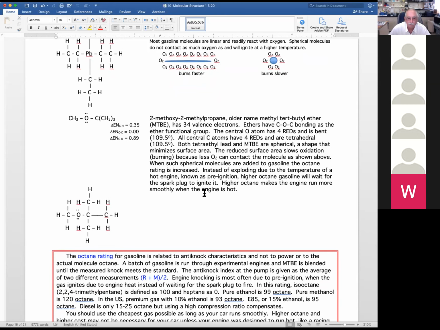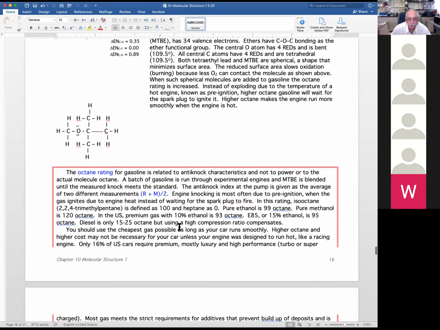So does higher octane give your car automatically more miles per gallon and more power? The answer is no. So what you should do is look at your manufacturer's recommendations and decide how much money you want to spend on the gasoline. So the octane rating is basically two types of measurements divided by 2.